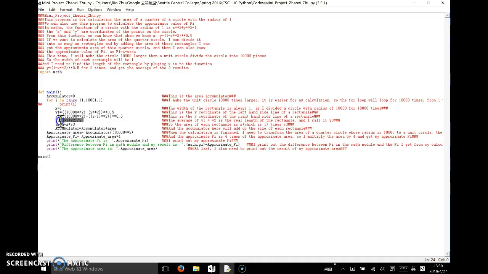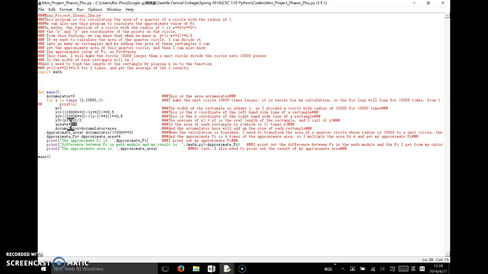In my code, I will express it with y3. So this is y1 and y2. And the area of each rectangle is x, which is 1, times y3.